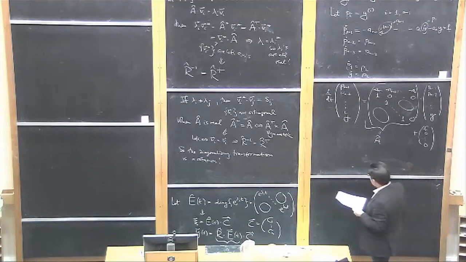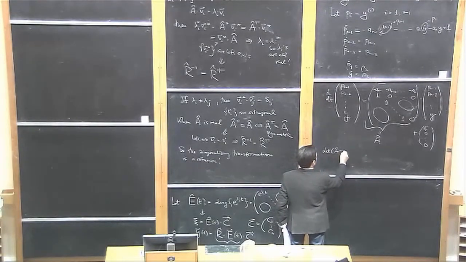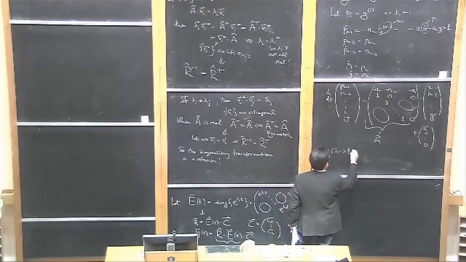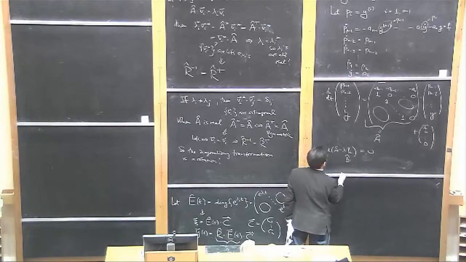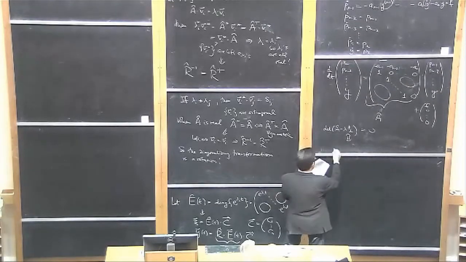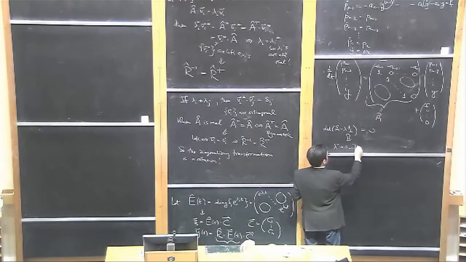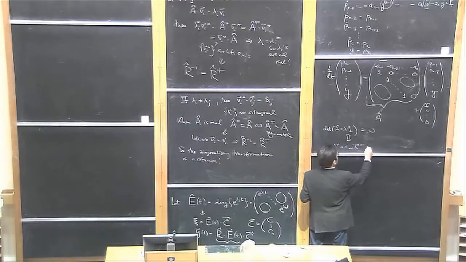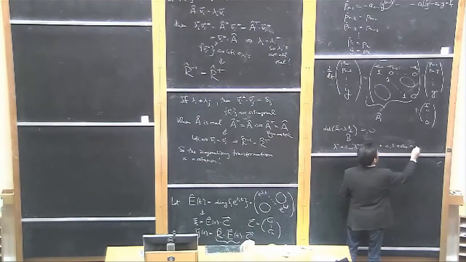So it's not particularly difficult to see that the determinant of A minus lambda 1 equals 0 is the same equation as lambda^n plus a_(n-1) lambda^(n-1) plus etc. plus a_1 lambda plus a_0 equals 0.